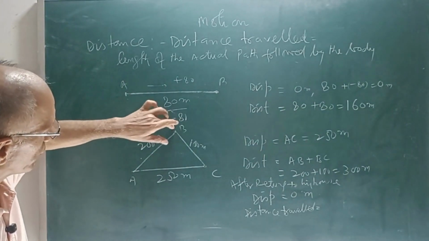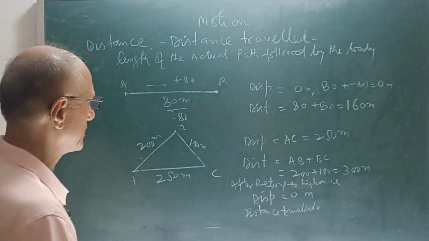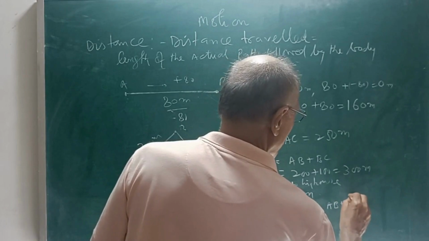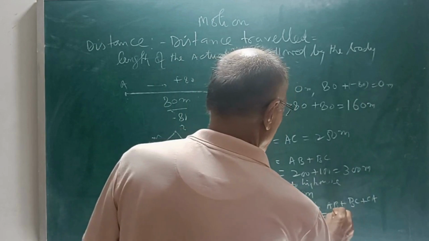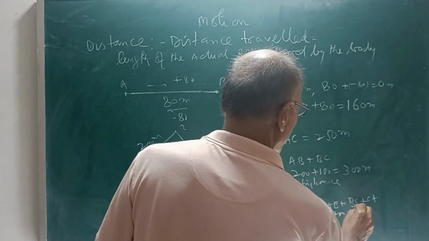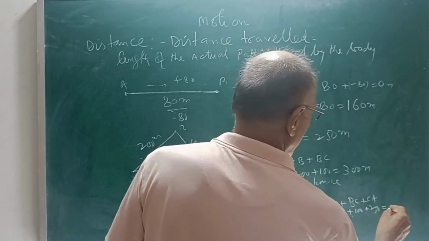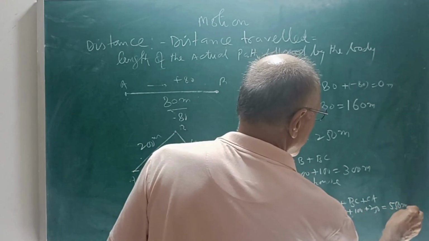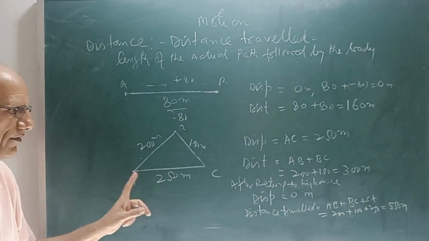Initially he followed this while going, and returning he followed this path. So that is AB plus BC plus CA, that is 200 plus 100 plus 250, that is 550 meters. So 200, 300 and 550 meters.